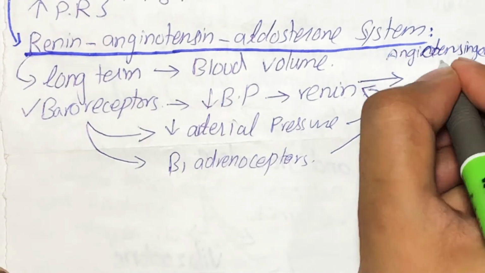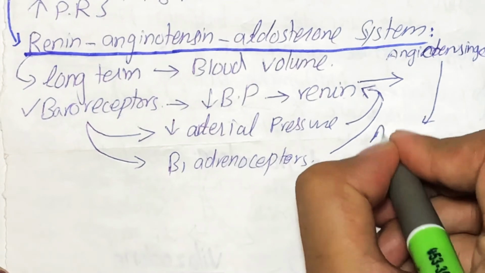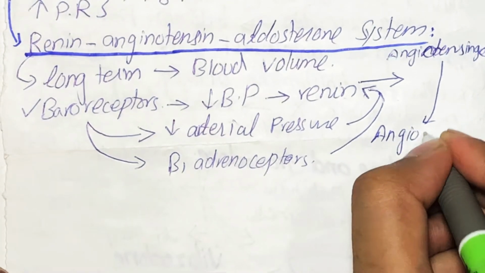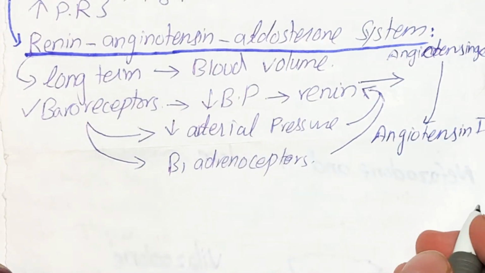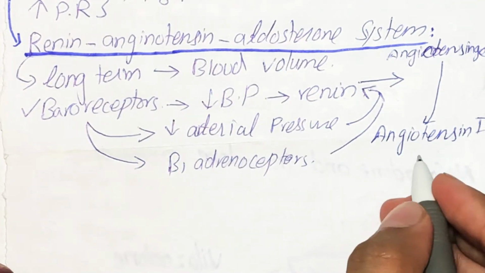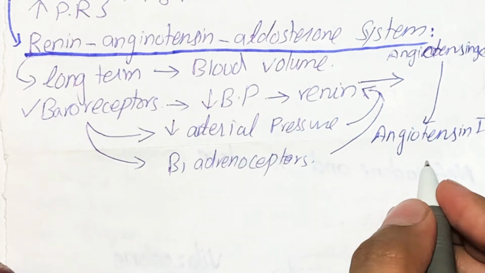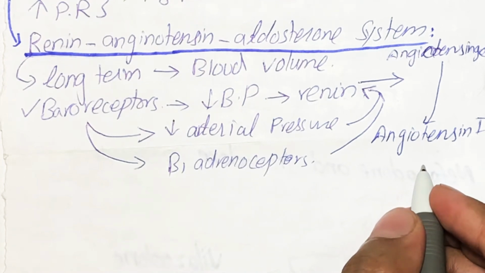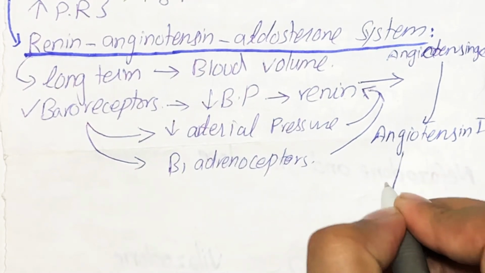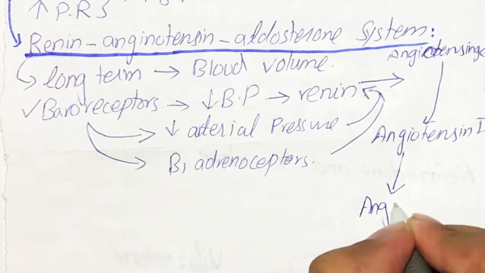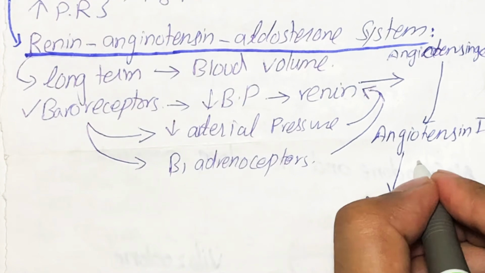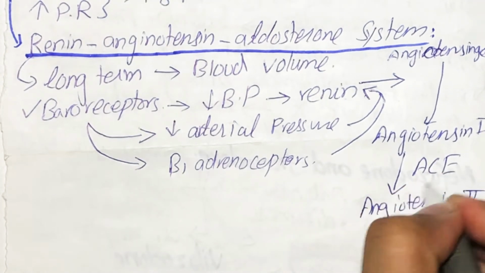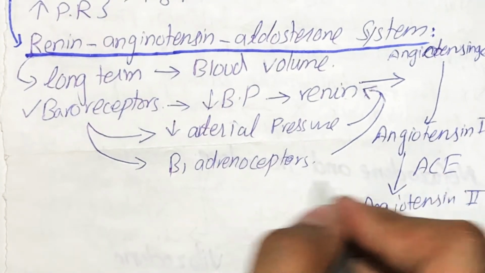Angiotensinogen is converted into angiotensin I, and when renin converts it into angiotensin I, this angiotensin I is further converted into angiotensin II by the activity of ACE, that is angiotensin converting enzyme.